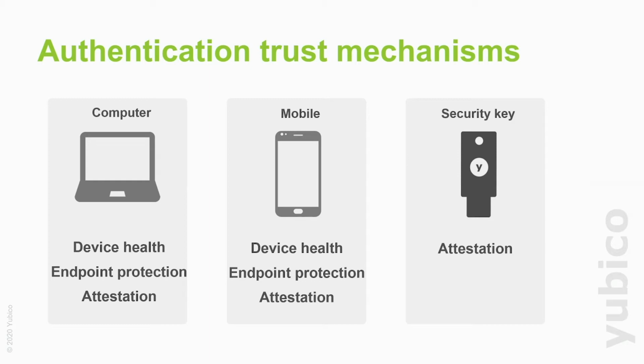Now, with a security key, there is no additional software that can be added to it. And so the primary way that you can validate that a YubiKey, or a security key in general, is coming from the right partner that you've decided to go with is with attestation.